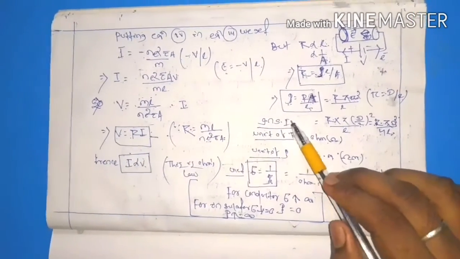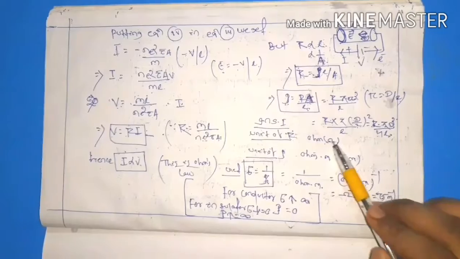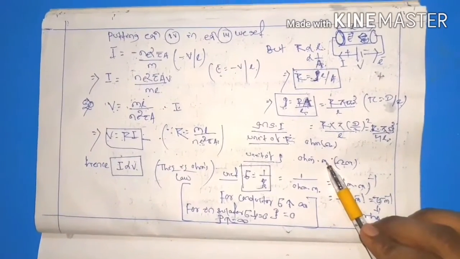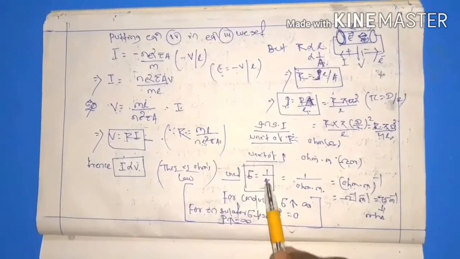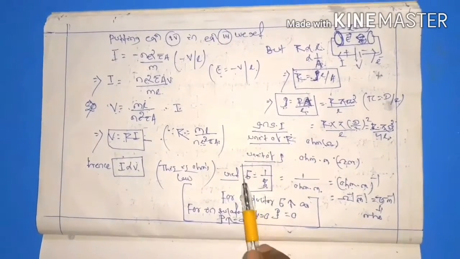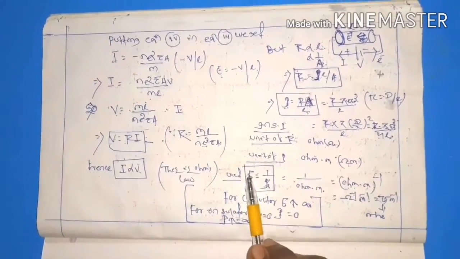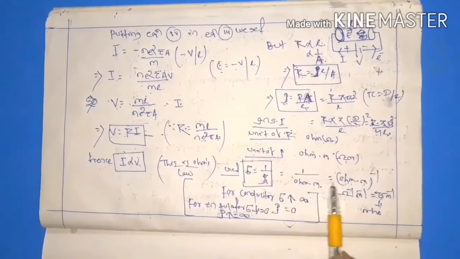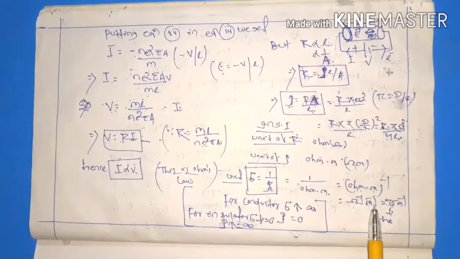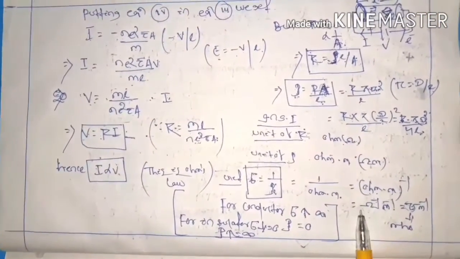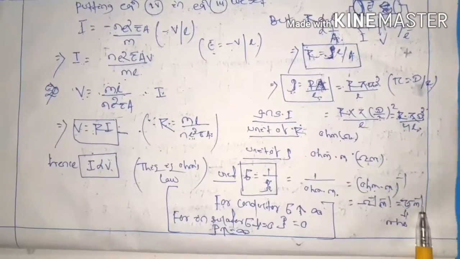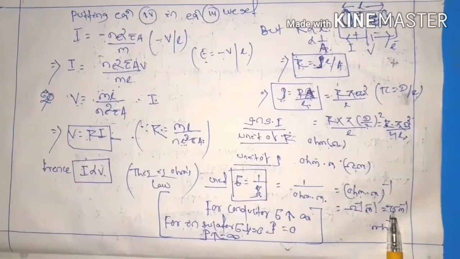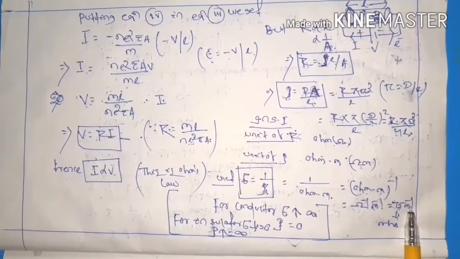In the SI system, the unit of resistance is ohm, the unit of resistivity is ohm meter, but conductivity is the reciprocal of resistivity. In the SI system, the unit of conductivity is 1 by ohm meter, which is ohm inverse meter inverse. Ohm inverse is equal to mho, so the unit of conductivity is mho per meter.